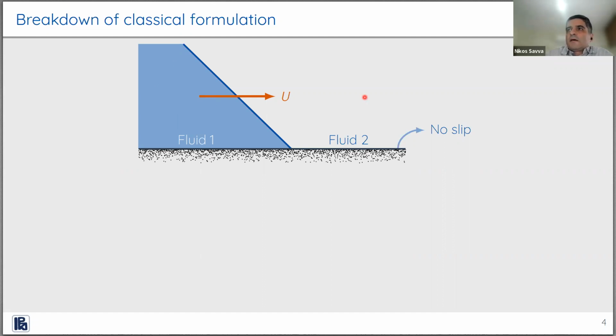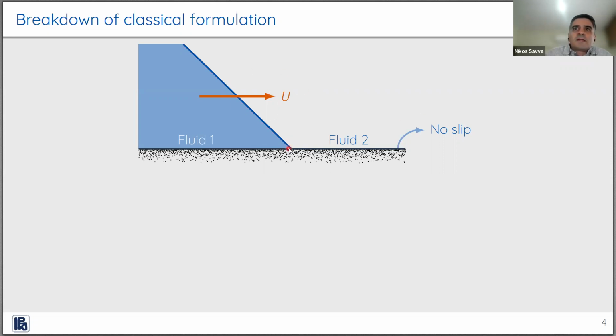Typically under the classical fluid dynamics description, we impose a no-slip boundary condition, but you can immediately see that there's an incompatibility at the point right at the contact point, okay? Because it must simultaneously satisfy the no-slip condition and also move with a certain velocity v.